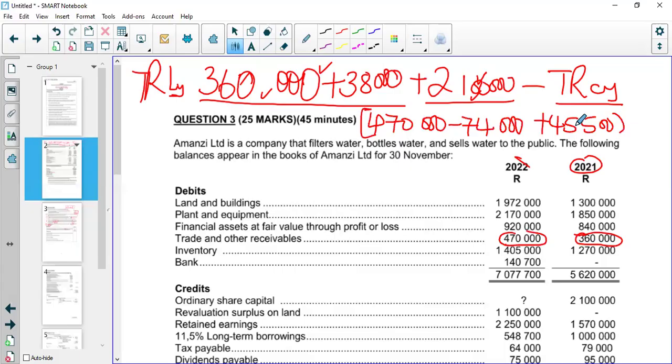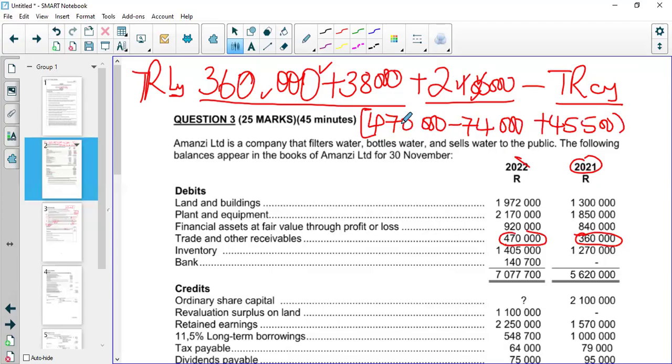So we will have 360,000 plus 38,000 plus 2,100,000, the actual sales.